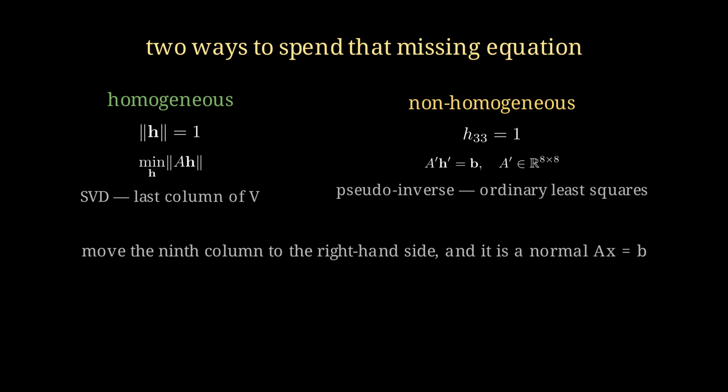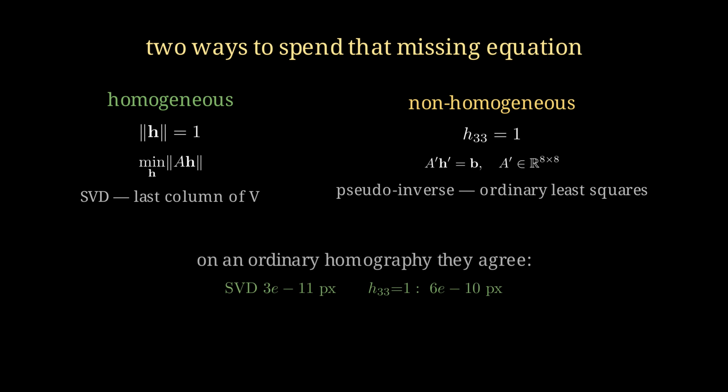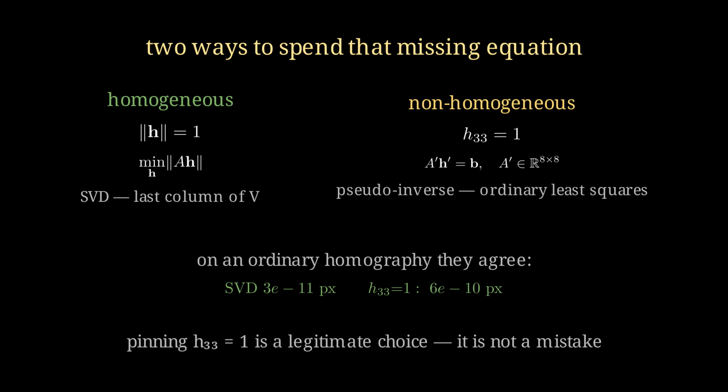Then the 9th column moves to the right-hand side, and what's left is an ordinary 8x8 Ax equals b. Pseudo-inverse, least squares, done. And I want to be fair here, because this is where explanations usually get lazy. On an ordinary homography, those two give you the same answer, both exact to machine precision.